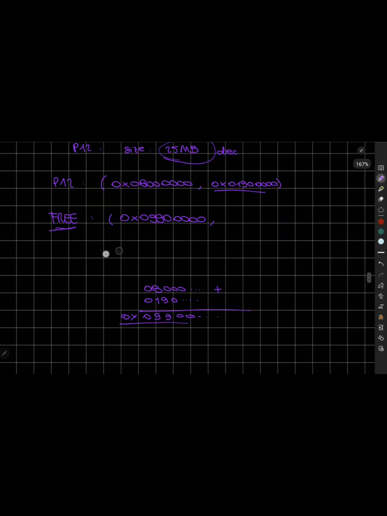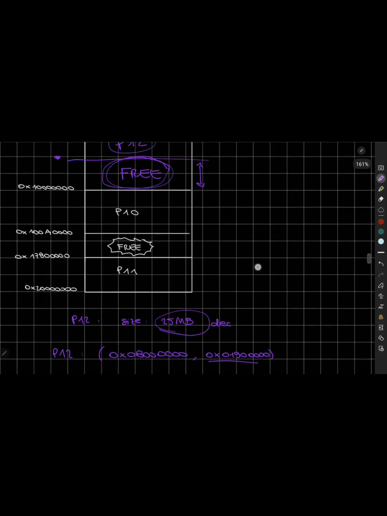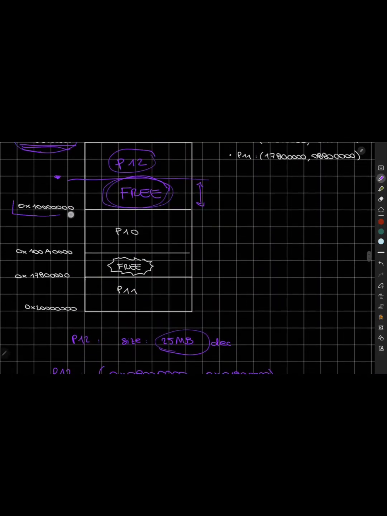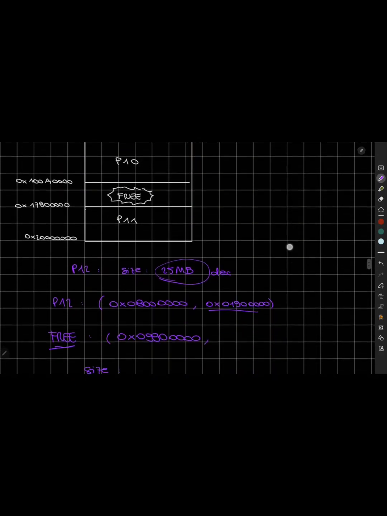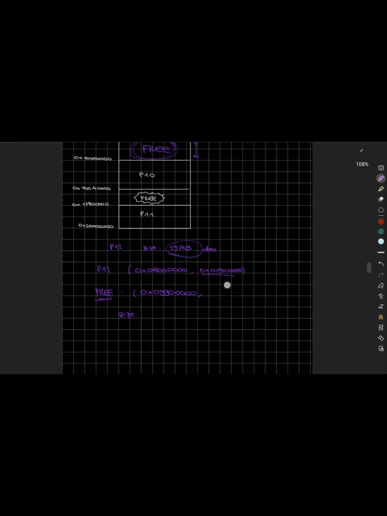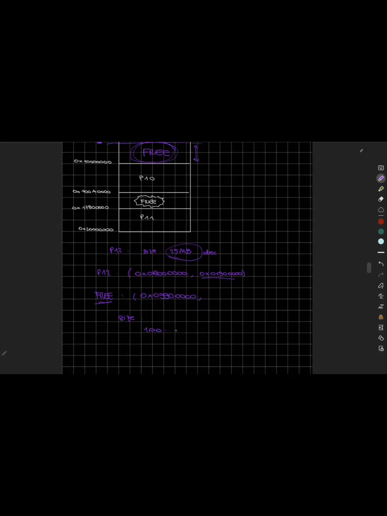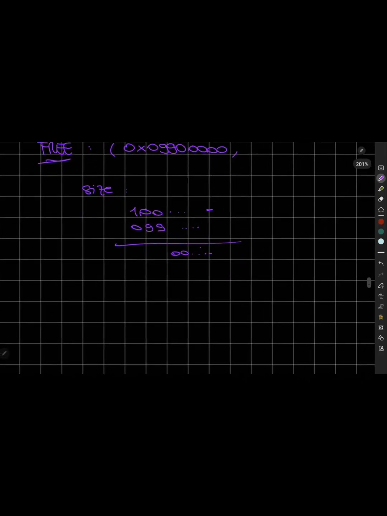I still need to calculate the size of this block. To do so, I could subtract from this last address of the block the address that I calculated right now. So I'm doing 1 0 0 0 minus 0 9 9, and then all zeros here. So here we will have zeros, and here I need to do this.